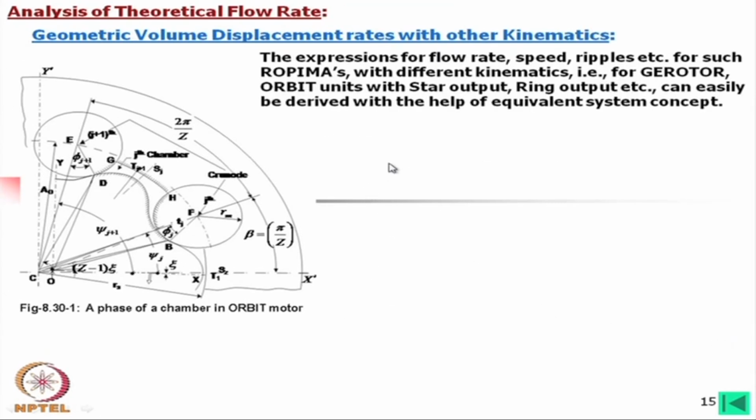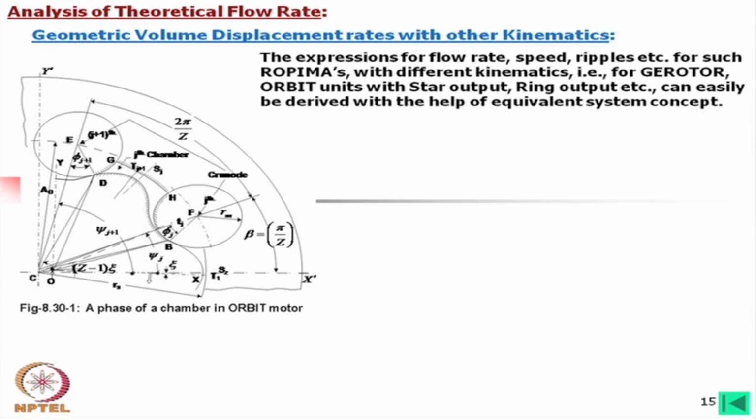The expressions for flow rate, speed, ripples, etc., for such rotary piston machines with different kinematics, that is gerotor, orbit units with star output, ring output, etc., can easily be derived with the help of the equivalent system concept. What is it? Now, in the orbit motor, what we have seen is that the ring remains fixed and output is taken through the star.